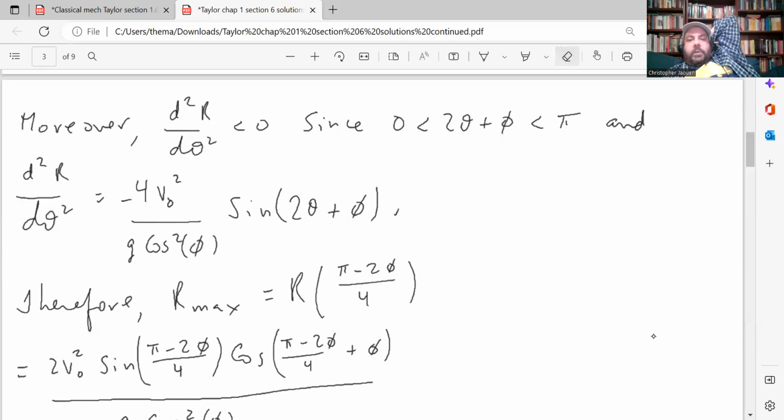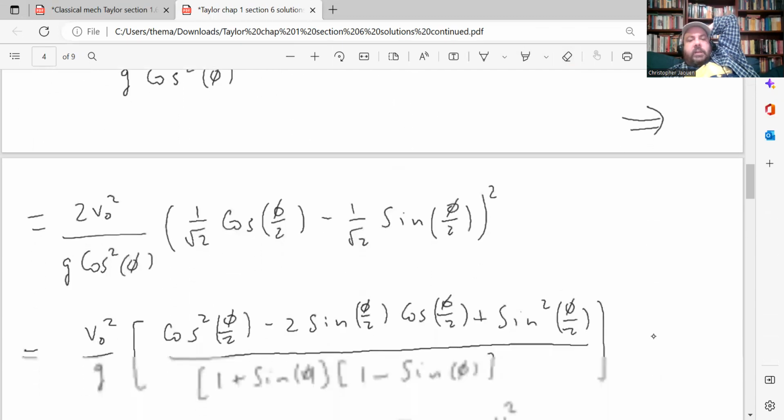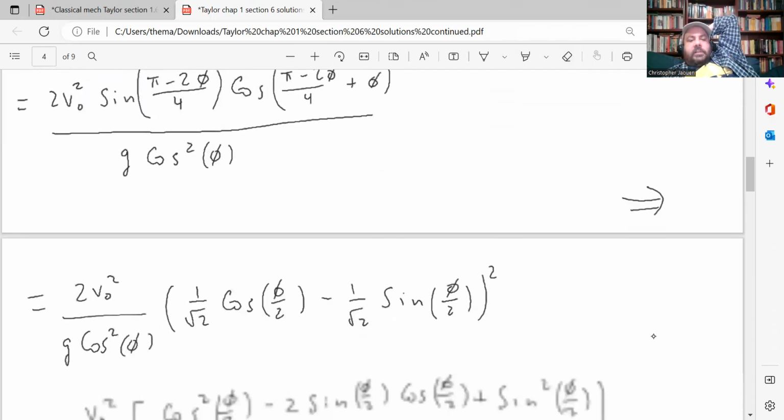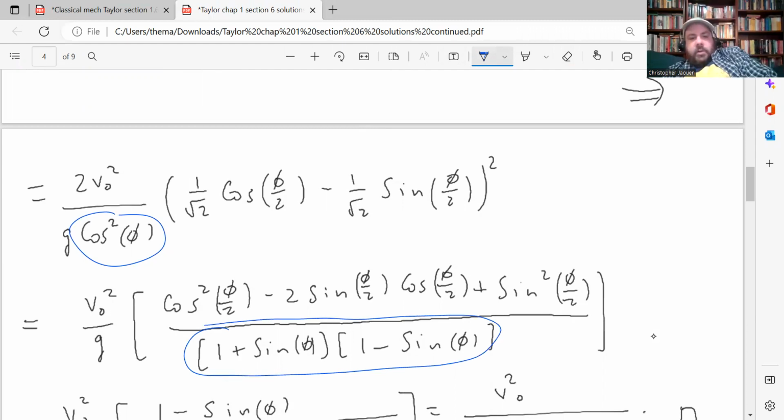So plug in the value for theta, and you can figure out what the maximum value is. Here, when you plug it in and simplify, again, you have to use some trig identities. So for example, over here, I'm just breaking this up as the difference of two squares because cosine squared phi is equal to 1 minus sine squared phi, so you can factor it that way.